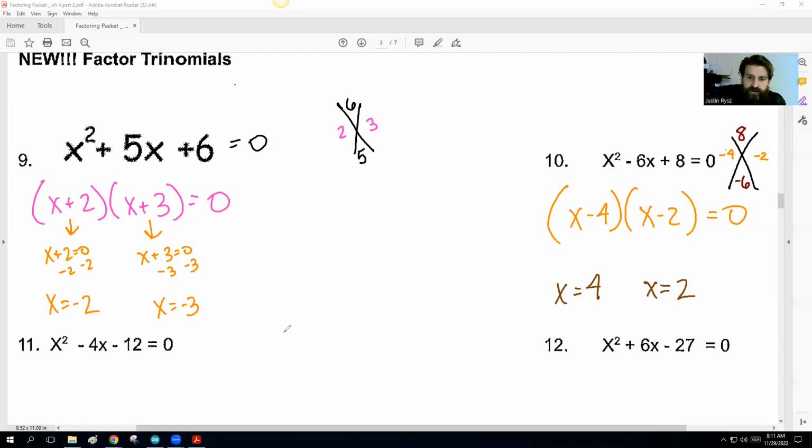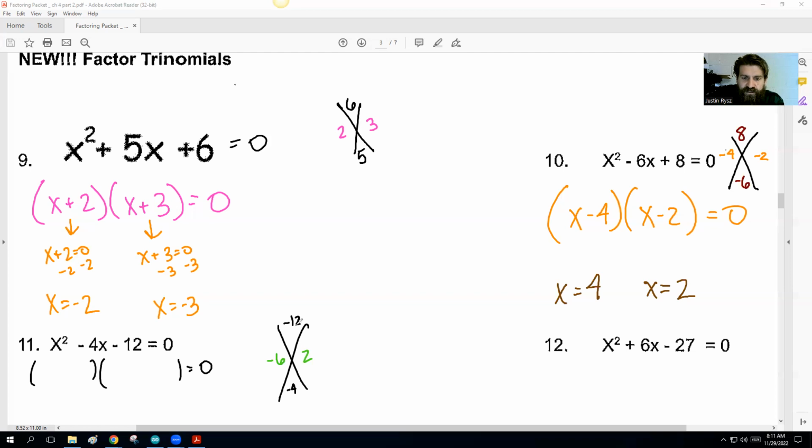All right, a couple more here. Next one. What 2 numbers multiply together to give us negative 12, add together to get negative 4? You might want to think about subtract to get negative 4. That would be a negative 6 and a positive 2.